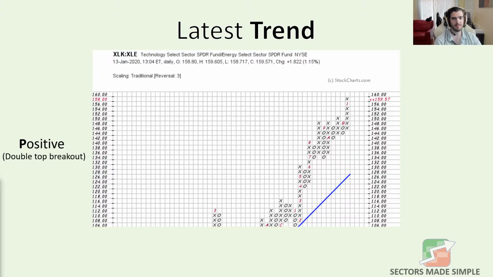All we need to worry about is if our new high is higher than our old high, then we are in a positive trend. In this case, that green line is showing that breakout point. The previous high was right here. Our new high now puts us into a positive trend.